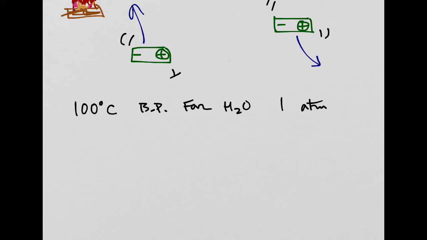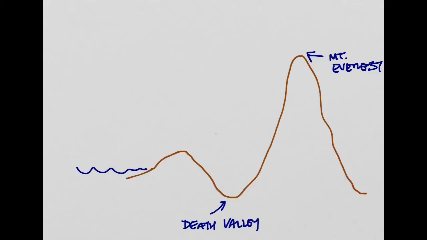So I want you to imagine this situation. Here I have a sort of side view of Death Valley and Mount Everest, and right along here is our sea level. So you can see that Death Valley is quite a bit below sea level. In fact, why don't I draw sea level as this dotted line going across here?